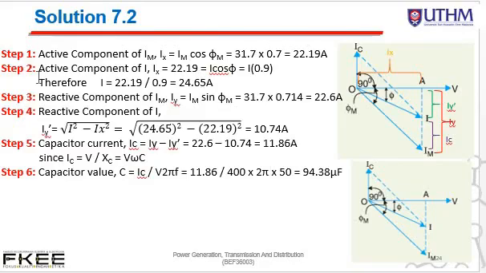The first step is to calculate the active component of IM, which is over here, the horizontal component of the motor current, which is IX. At the same time, we know that the active component of the new current is equal to the active component of the motor current. Knowing that those values are equal, we can calculate the magnitude of phasor OI, which is the new current after power factor improvement.